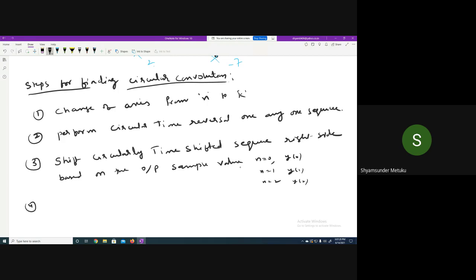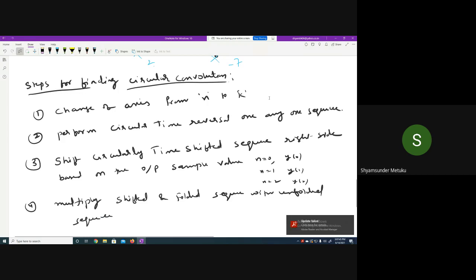Then multiply the shifted and folded sequence with the unfolded sequence. This step is same, there is no change in this step.